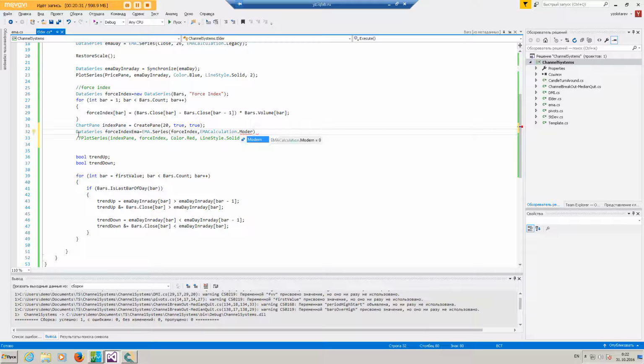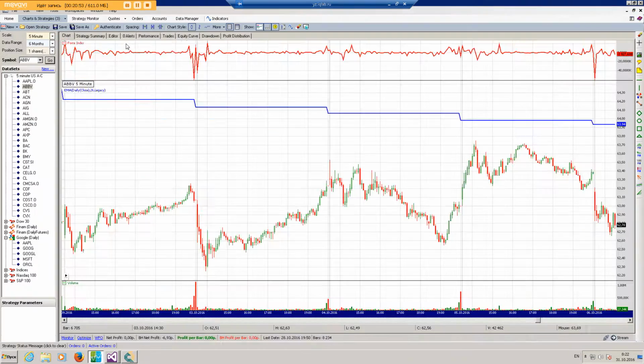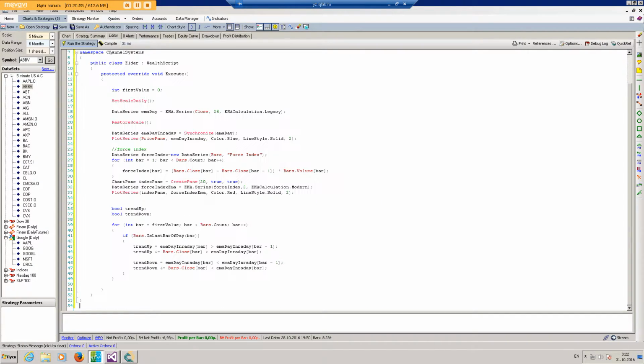It wants the period, right? 2, just like it says in the book, the famous book. Okay, and we want to plot this, right? It's gonna be a bit smoother.